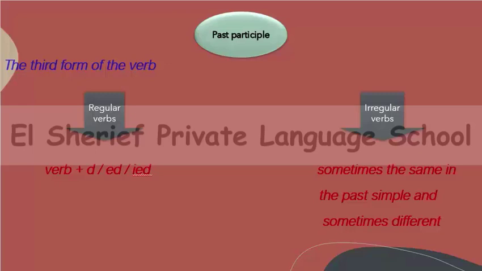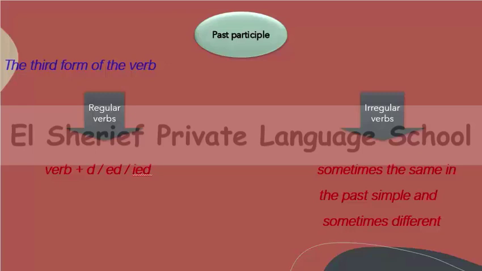In the regular verbs we add d or ed or ied, and in the irregular verbs they totally change. So in the past participle, which is the third form of the verb, in the regular verbs we add d or ed or ied.